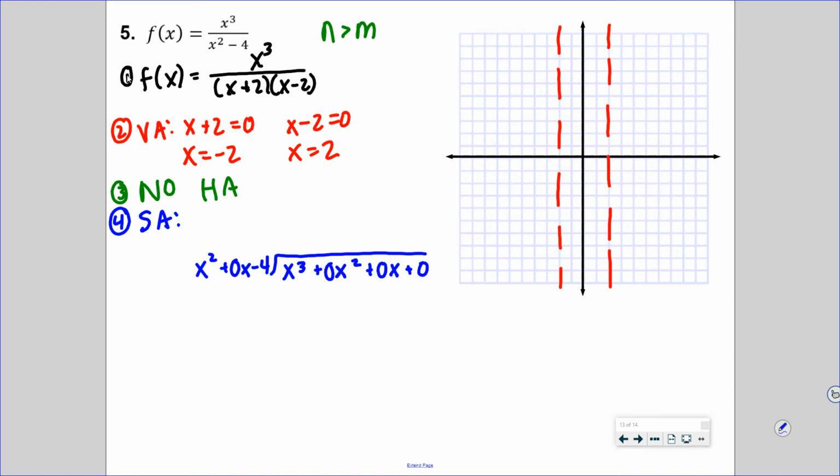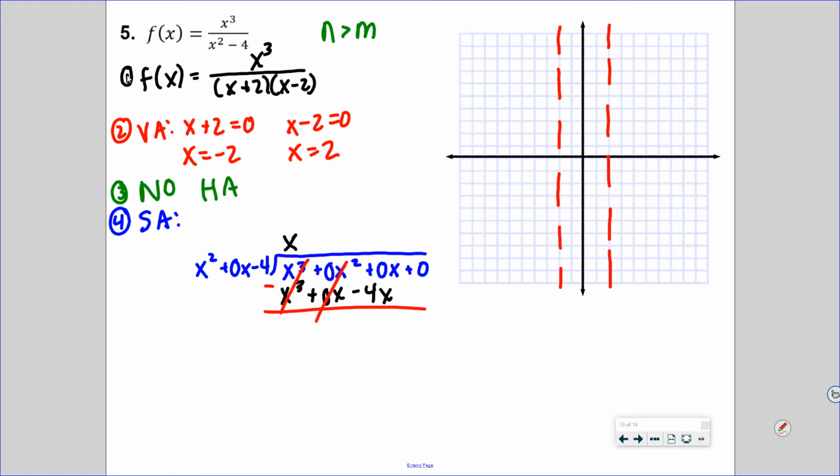Now, you don't have to do placeholders in the divisor if you don't want to, but it just keeps everything nice and lined up and organized. So I always recommend that you use as many placeholders as you need. Okay, so now I do my long division, and I would have x, and I would get x cubed plus 0x minus 4x. That's a nice, short and sweet one.